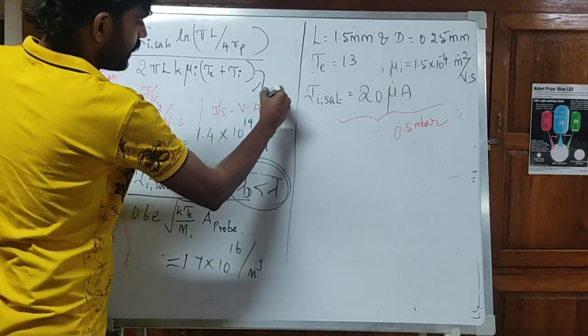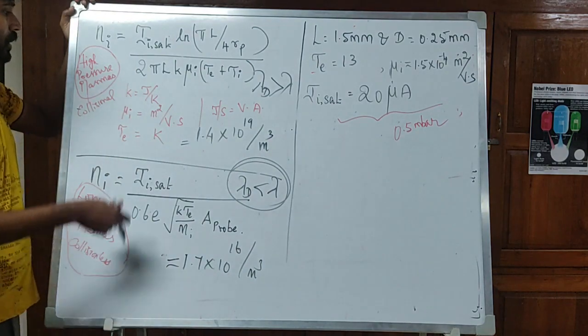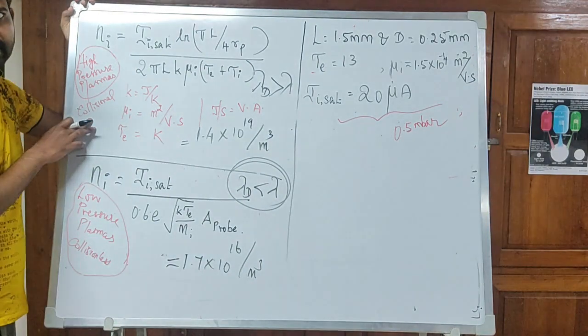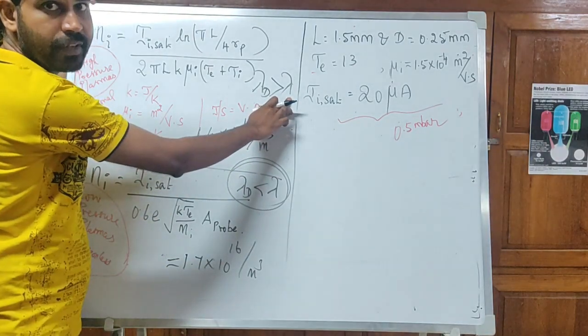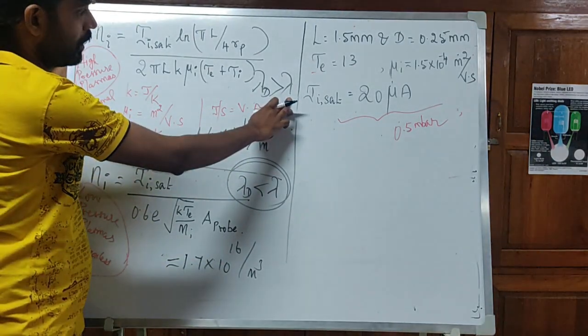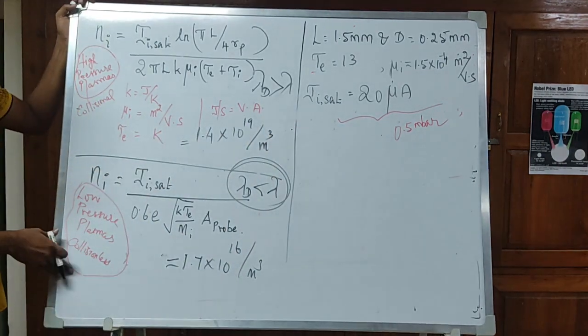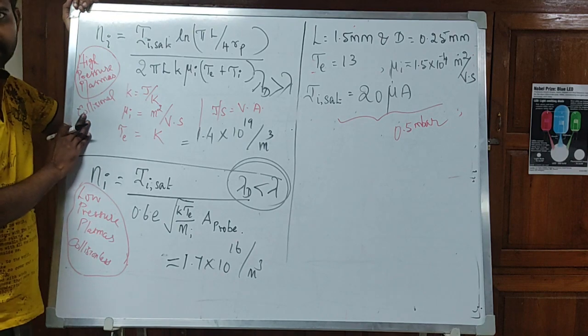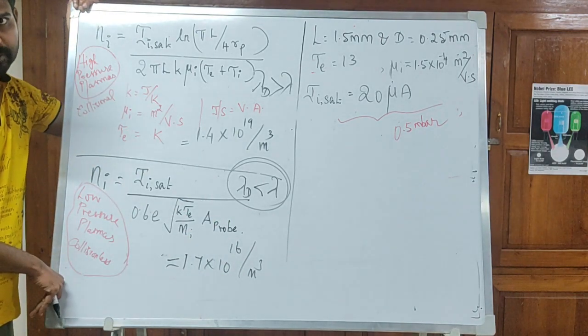If the Debye length is greater than the mean free path, then we have to use the collisional theory. So, the mean free path, which is a function of pressure, defines whether we have to use a collisionless theory or a collisional theory. So, pressure decides which theory we have to use.